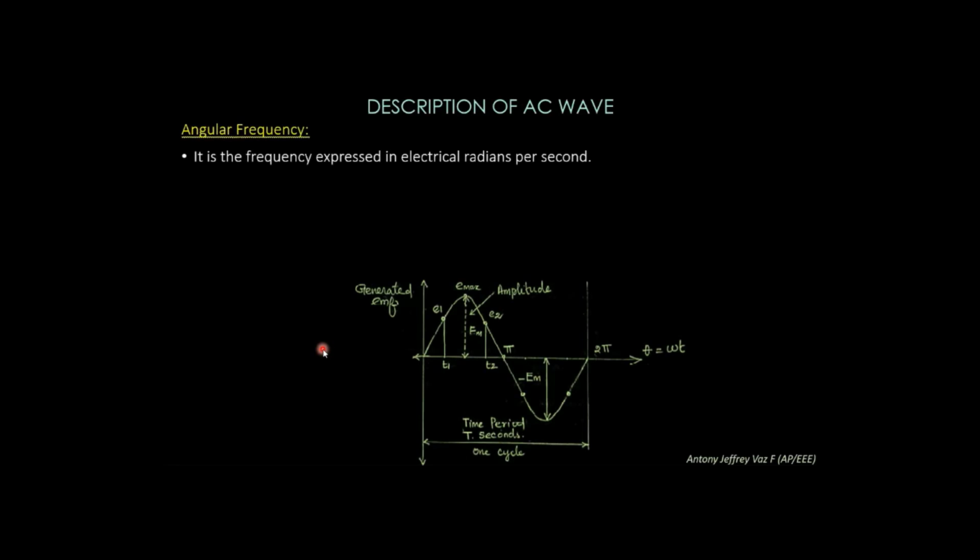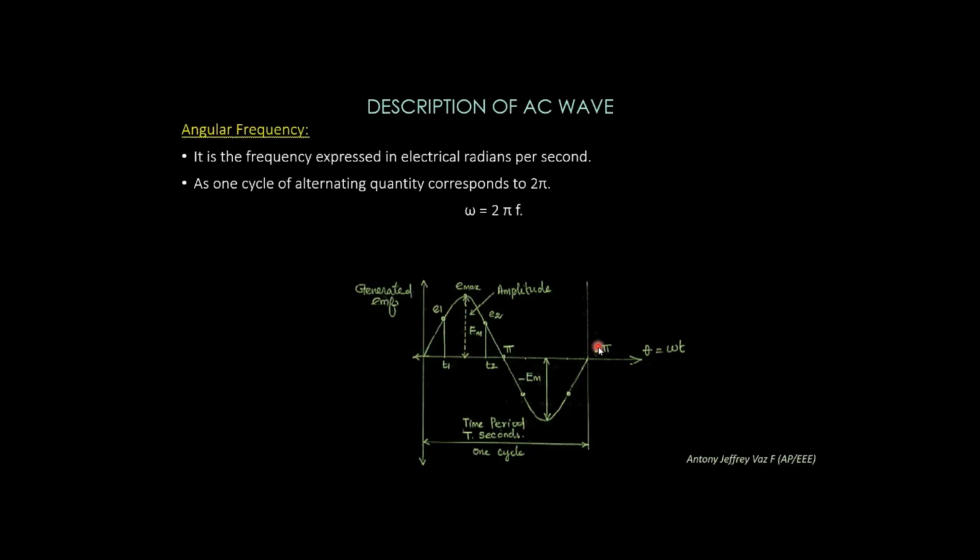Angular frequency: it is the frequency expressed in electrical radians per second. So the frequency which is represented in electrical radians, which is represented in electrical form, is nothing but angular frequency, and it is represented in radians per second. One cycle of alternating quantity corresponds to 2 pi, which is nothing but 360 degree.